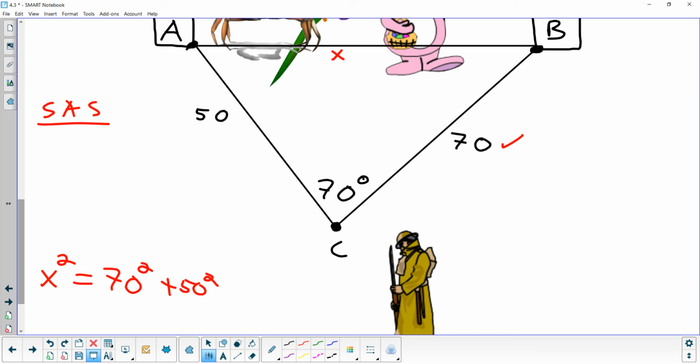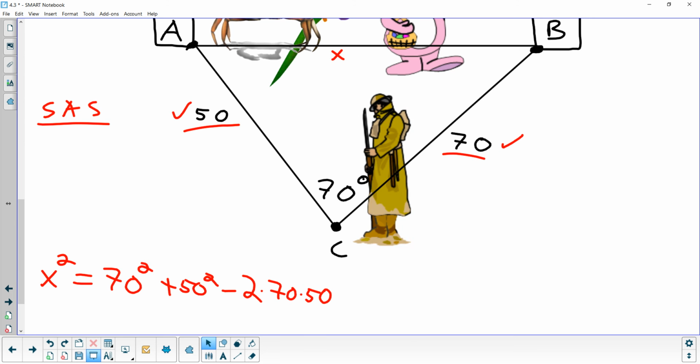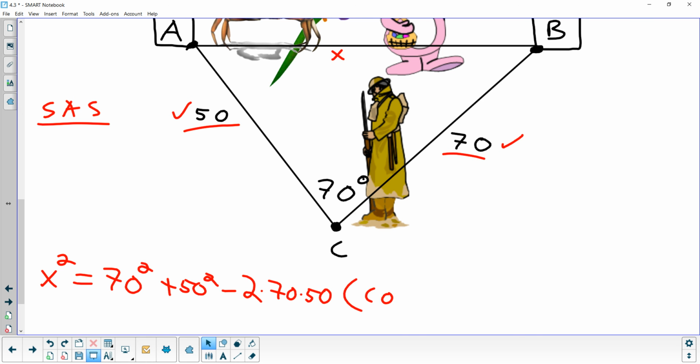So one side squared equals the sum of the other two minus 2 times what times what? 70 times 50. 2 times 70 times 50. Times the cosine of the angle across from the side we started with. What's the angle across from the side we started with? 70 degrees.